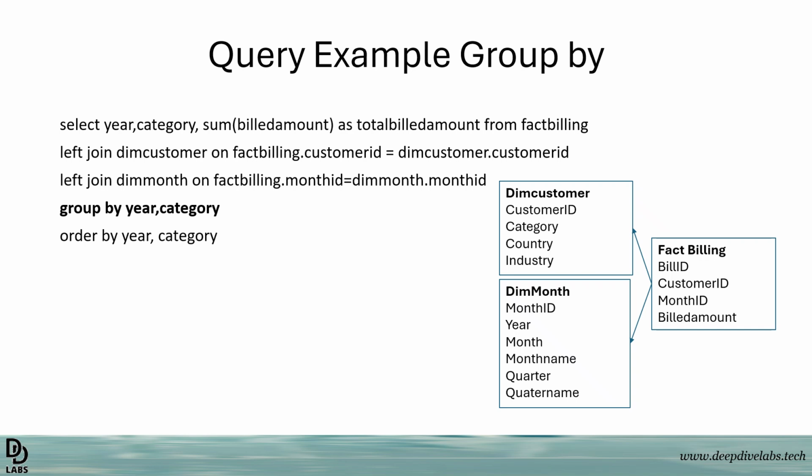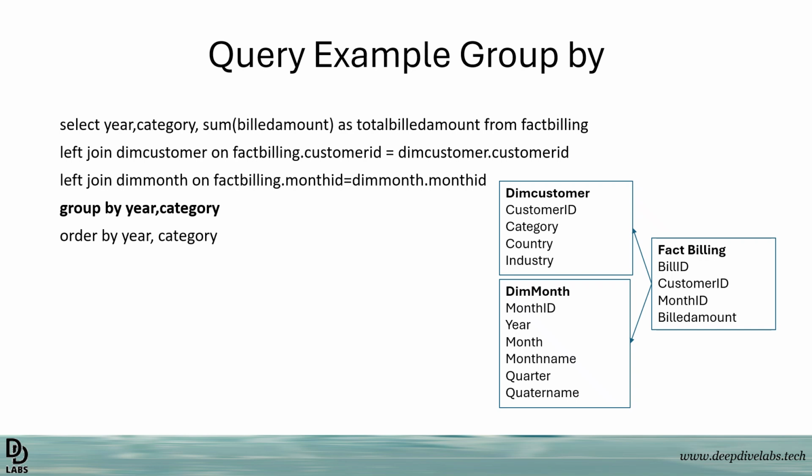You can group by year. If you select year and category and sum all the billed amount from your fact table, and you do the specific joins, right? The fact table customer ID equals dim customer ID. The fact table month ID equals dim month ID. Then you are grouping by your year and category.